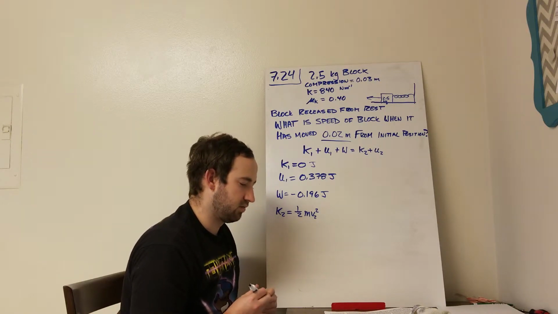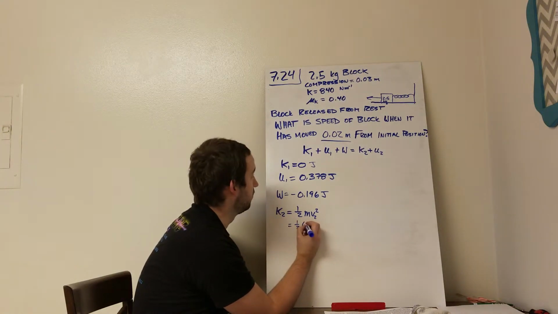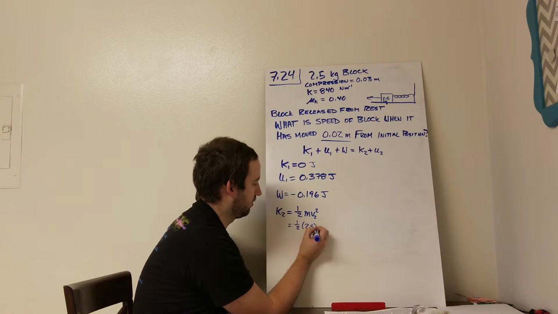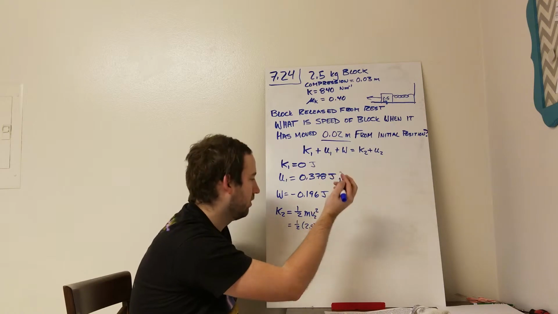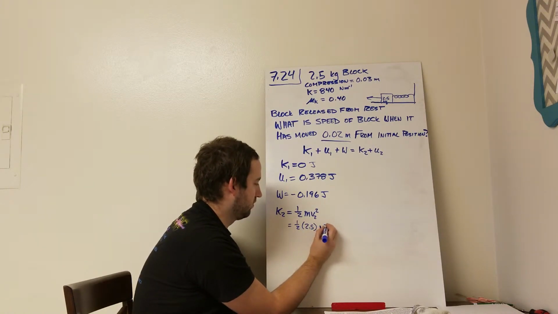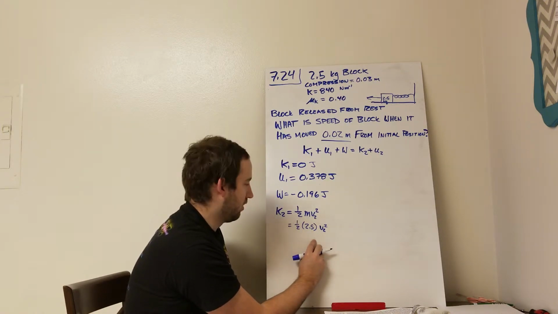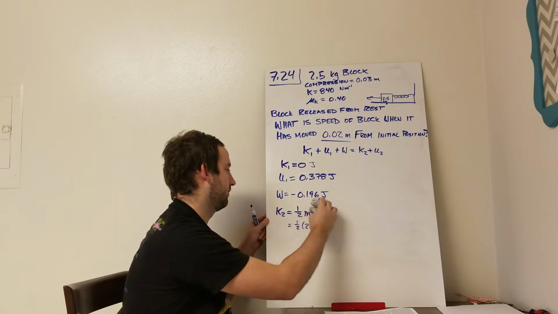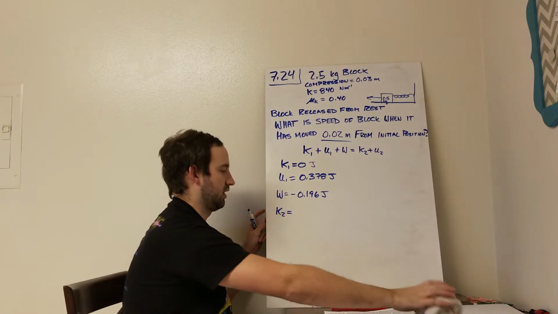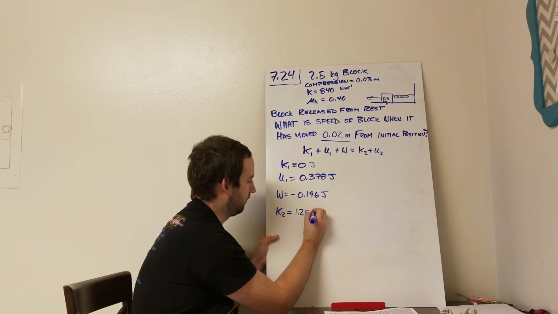So that'll end up being 1/2 times the mass, which is 2.5 kilograms. And then we don't know this second velocity, right? That's what we're trying to figure out. So we'll leave that as v2 squared. When we multiply that, we end up getting 1.25. So we know that K2 equals 1.25 v2 squared.